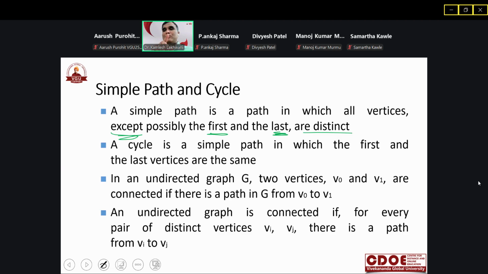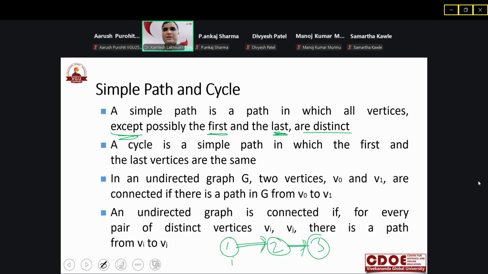Means 0 to 1, 1 to 3. This is 1, this is 2, this is 3, and 1 to 2 and 2 to 3. So first and last are distinct. So this is called simple path.